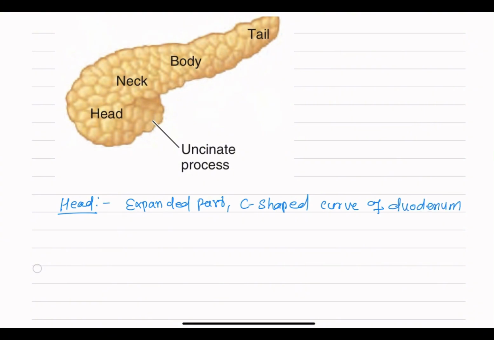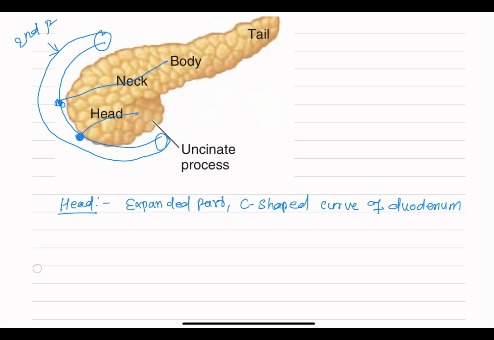So we will see the structure later. This is the second part of the duodenum, where we will see later how their ducts are opening in the duodenum. So this is the second part of duodenum, or C curve of duodenum.